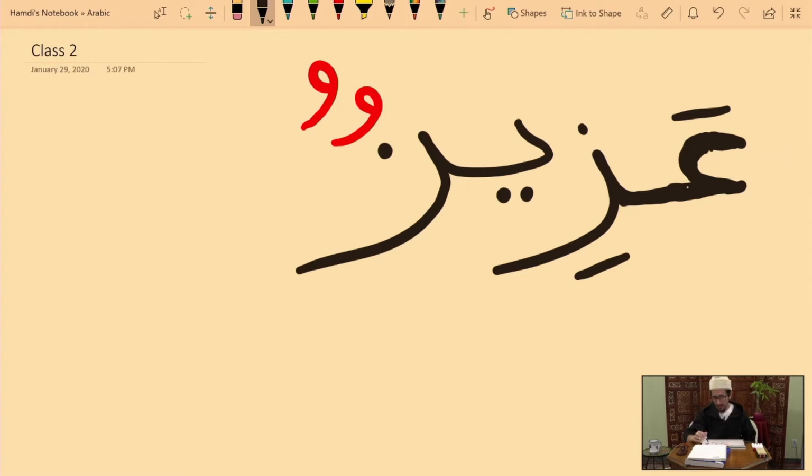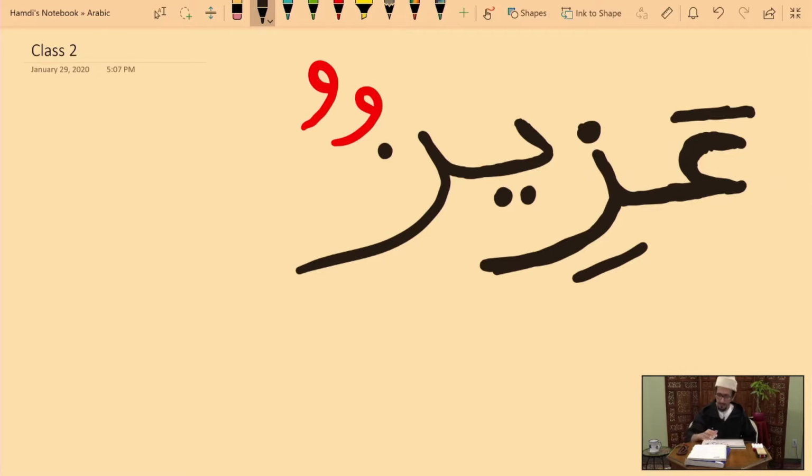So that's the letter Ayn, and that's the fatha on top of it. So that's A. This is the letter Zayn, and the kasra makes it Z. And this is the alif mad, taking the form of the ya, coming after the zayn with kasra, making the z.